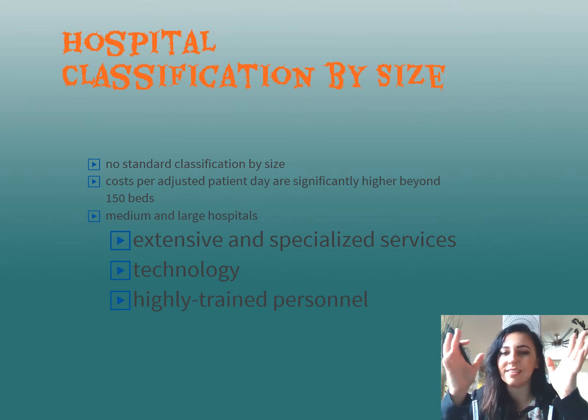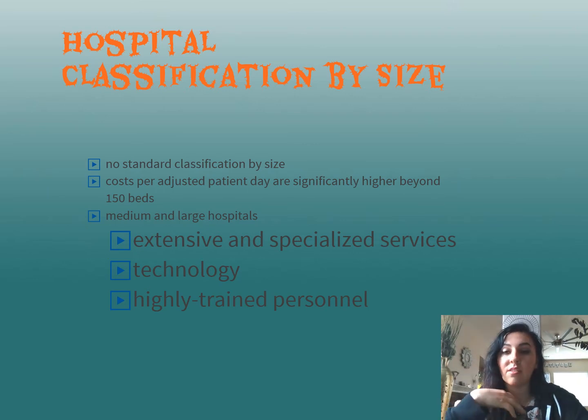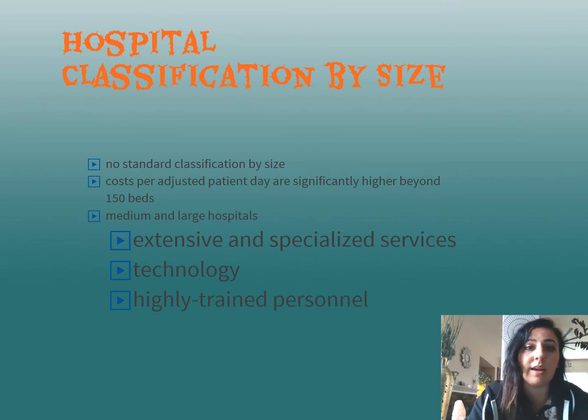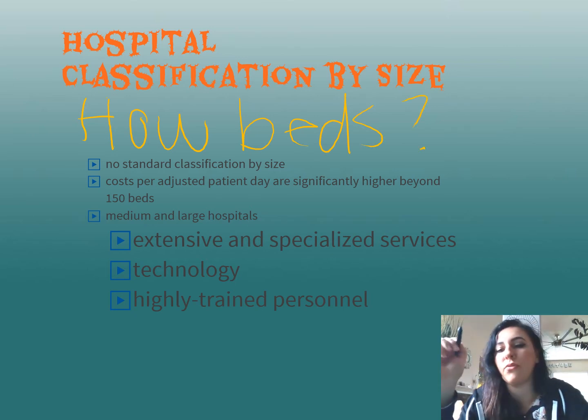No size classification. But what we do hear a lot is that when people want to talk about the size of their hospital, they'll talk about how many beds they have. So I'm just going to put that right here: hospitals talk about the size by talking about how many beds that they have.